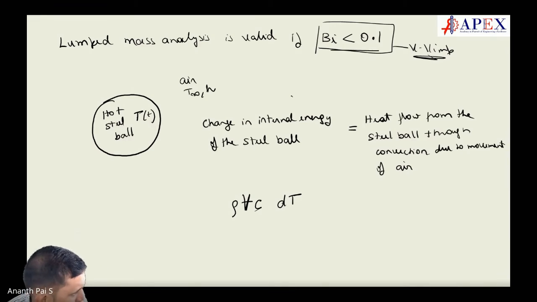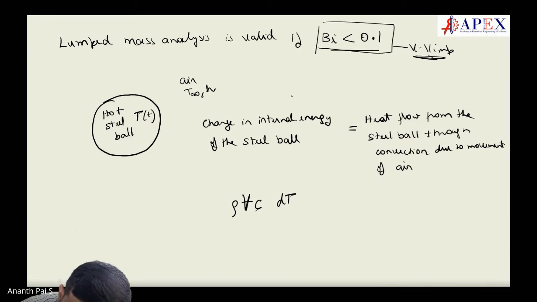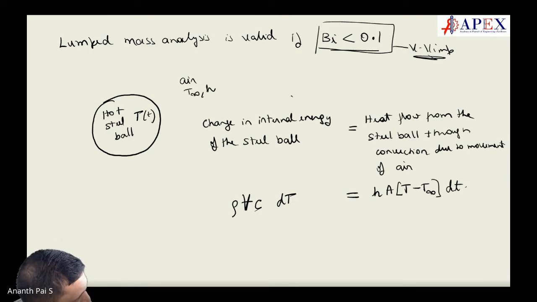Temperature is changing, so T1 to T2 it has changed. So what is a small change? dT, d of T, correct. It would be equal to what is the heat transfer? h A (T minus T infinity) into dt, correct. Simple.